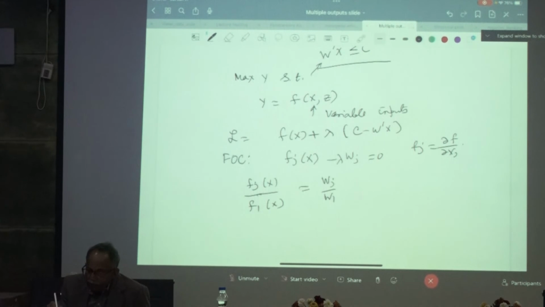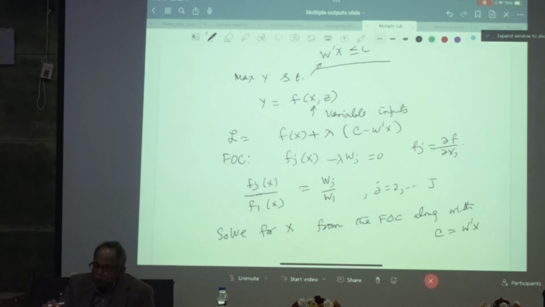Again, j goes from 2 through big J, so you are getting J minus 1 equations in the first order condition, and one equation coming from the constraint function, C minus W prime x. So you solve for x's from these first order conditions along with C equal to W prime x.